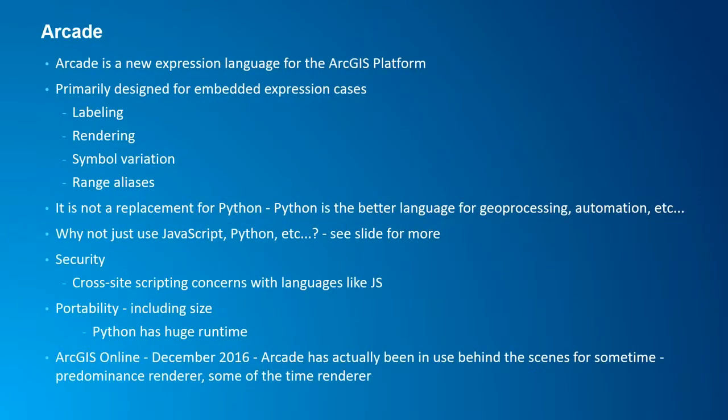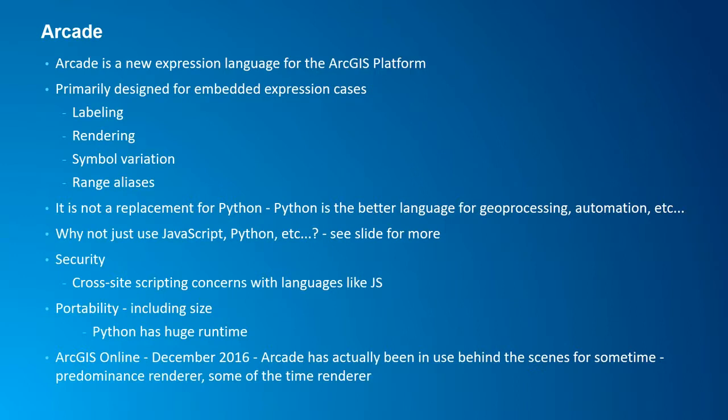Arcade, so this is kind of a new expression language. I believe it came out at maybe 1.4 Pro, but this is an expression language that helps you do labeling, rendering, and create symbols based on different attributes within your data. So this doesn't replace Python in any way.